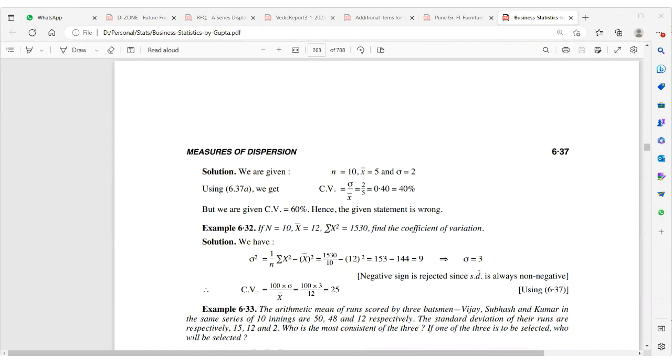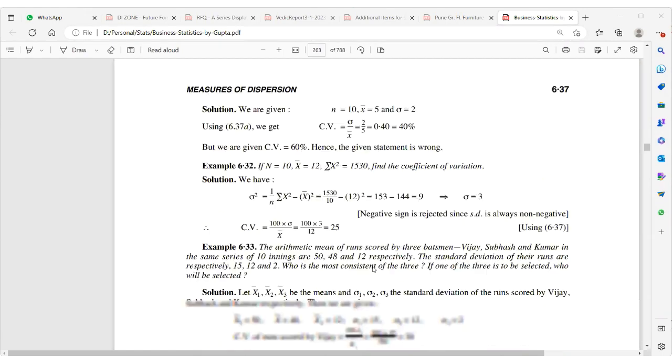So the variation is much more in Virat Kohli than in KL Rahul.